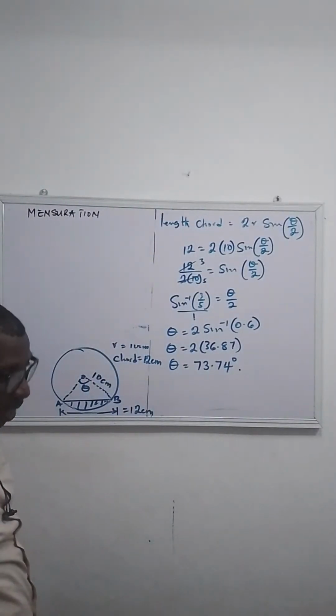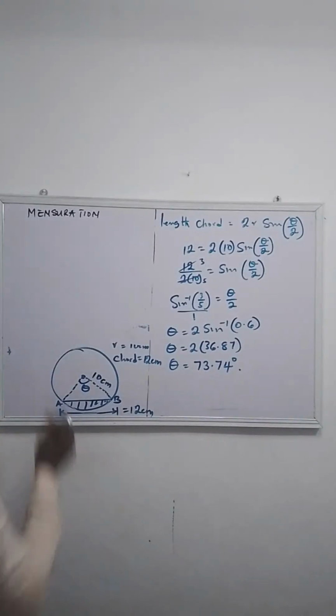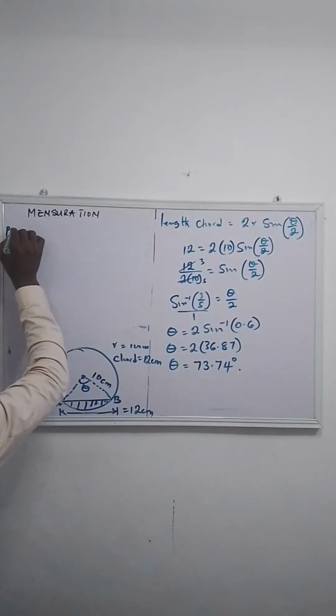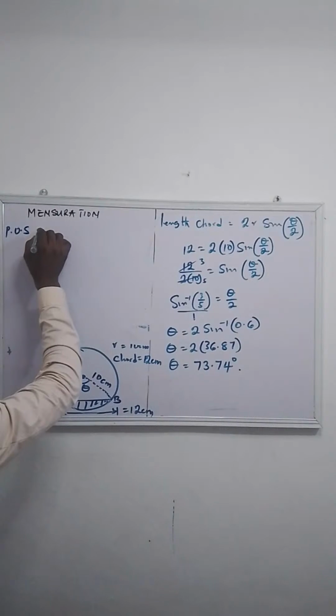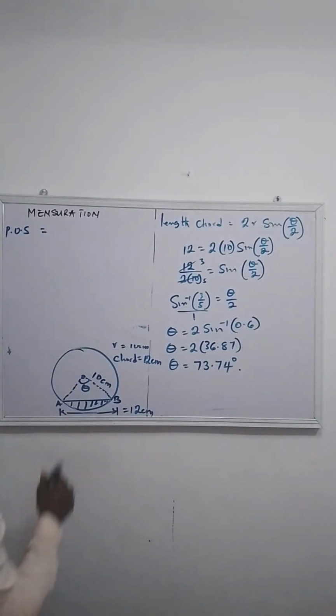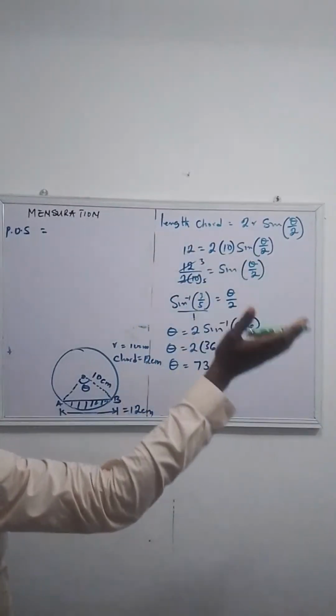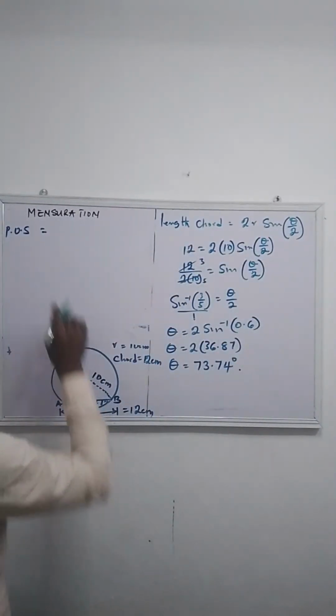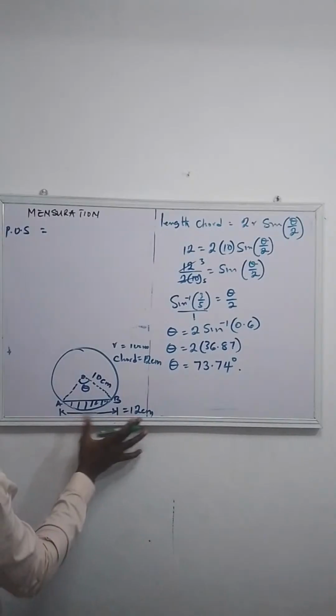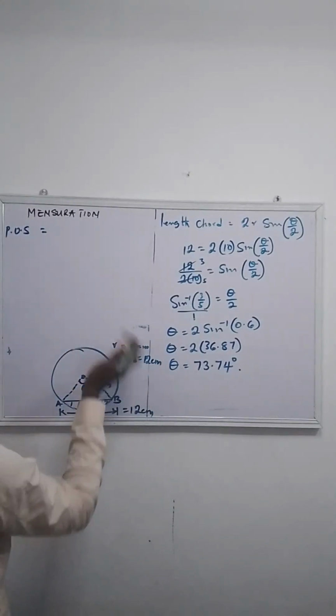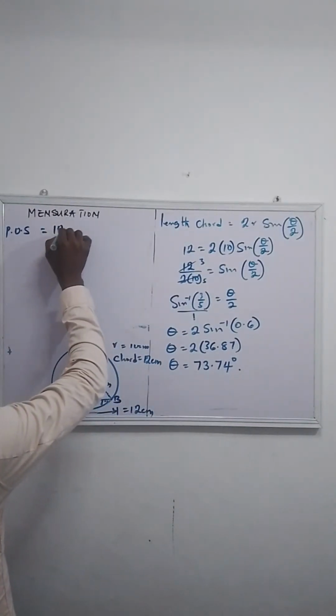Okay, so we have perimeter of segment equals length of chord plus length of arc. Length of chord has been given in the question. That's 12, so I don't need any calculation for that.